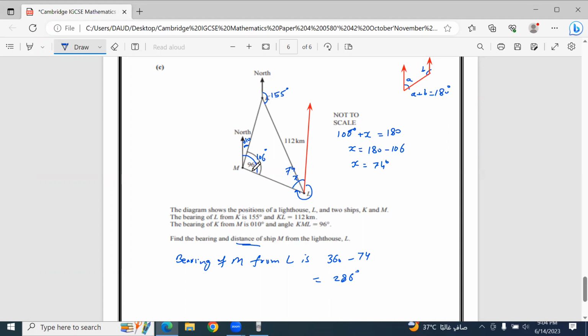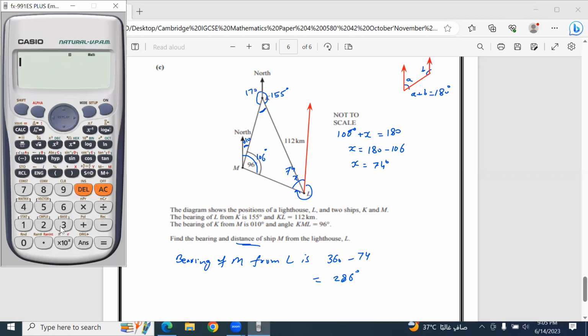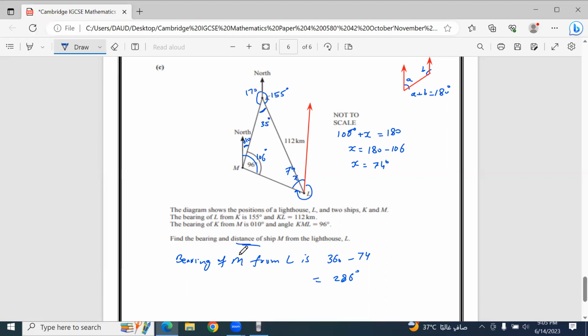So how to find distance? We can use the sine law, but remember that we must know this angle before using the sine law. Remember that this angle is 10. We can easily find that angle. So 180 minus 10 means 170. And this full circle is 360, so 360 minus 155 minus 170 gives me 35. So this angle is 35. It will help you.